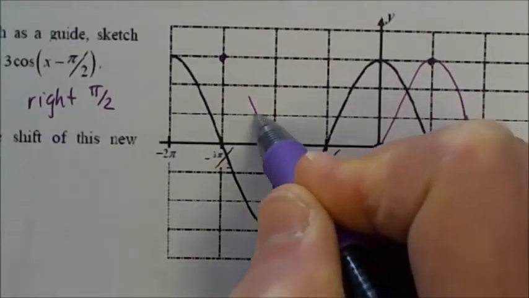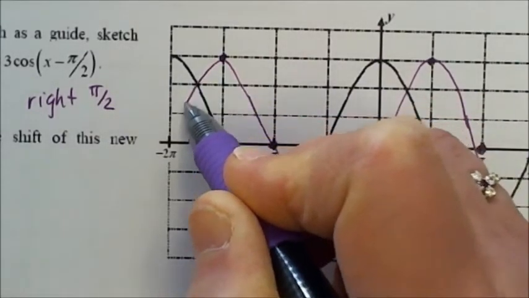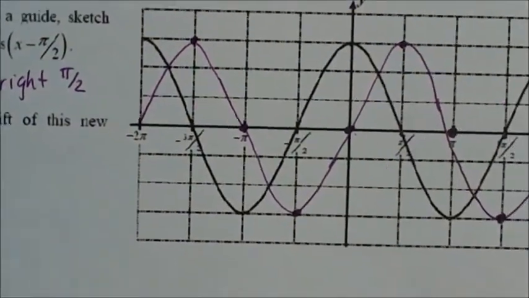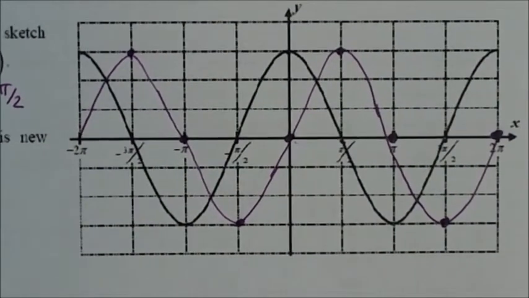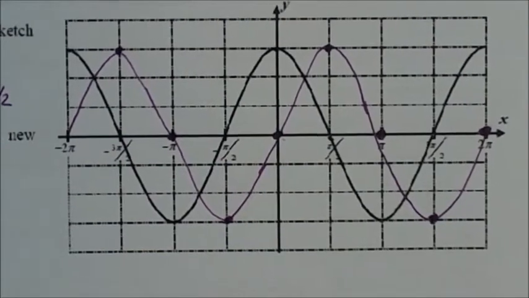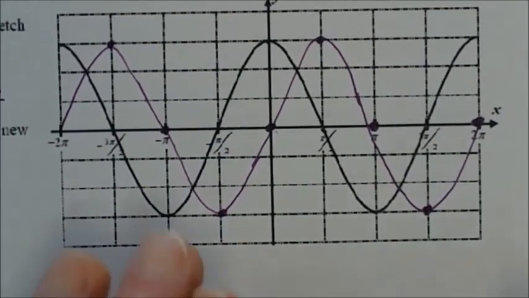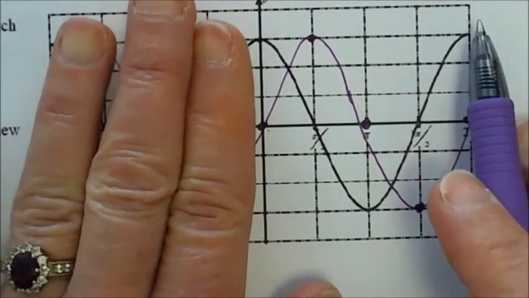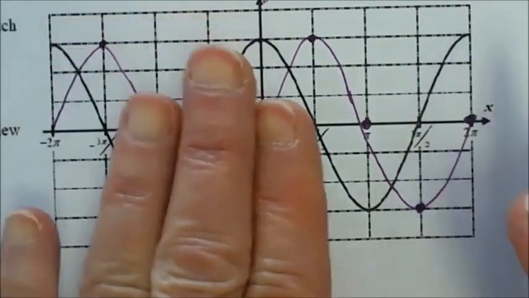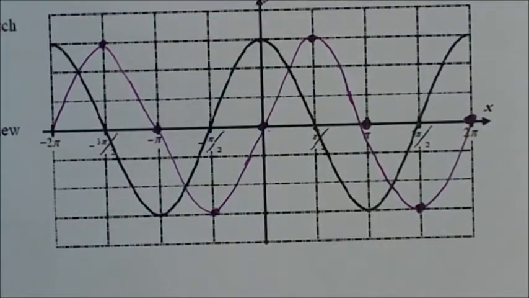Up at the max, and then it's going to come back down. All right, so here we have the graph of y equals 3 cosine of x minus pi over 2. So it's our y equals 3 cosine x that has just been shifted to the right pi over 2.